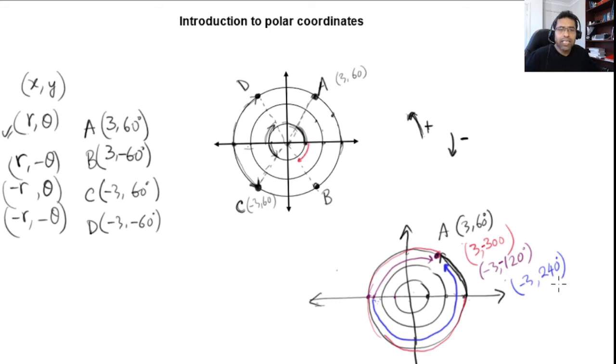So basically any point lying anywhere in that circle, or any circles, we can represent by four different values. As I said, for any point, the r and theta can be positive or negative. And why it is very important: sometimes a question asks what are the other three ways you can write the point, with 3 as r and 60 degrees as theta.